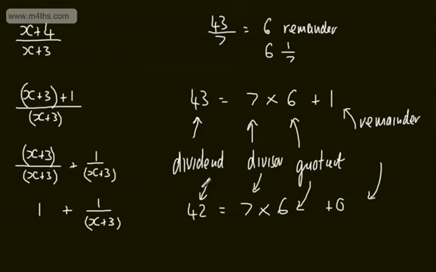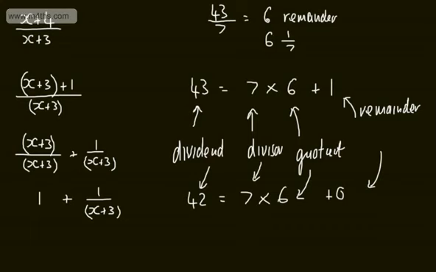Okay, so let's actually put this into action with some polynomial long division. So what I'm going to do is take a polynomial, and let's say we've got x to the power of 3, plus 4x squared minus 9x and then minus 36, and we're going to divide this by a linear factor of x plus 3.